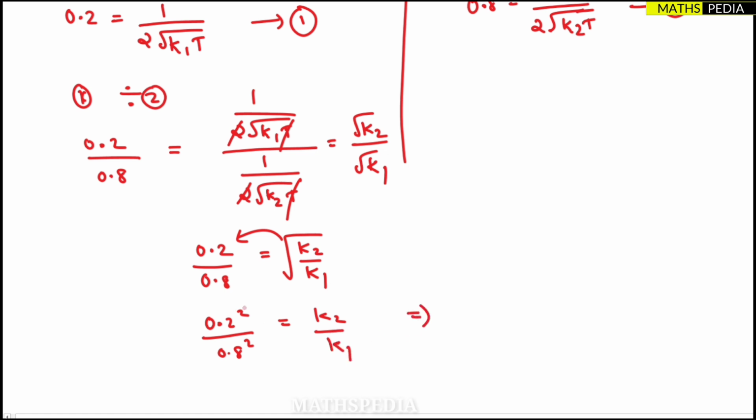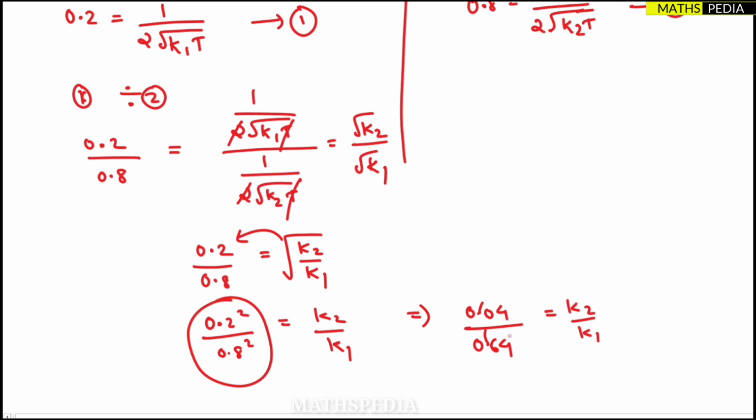When I square this, what will I be getting? 0.2 square will be 0.04 and 0.8 square will be 0.64, equal to k2 by k1. If I remove the decimal point, it will be 4 by 64.